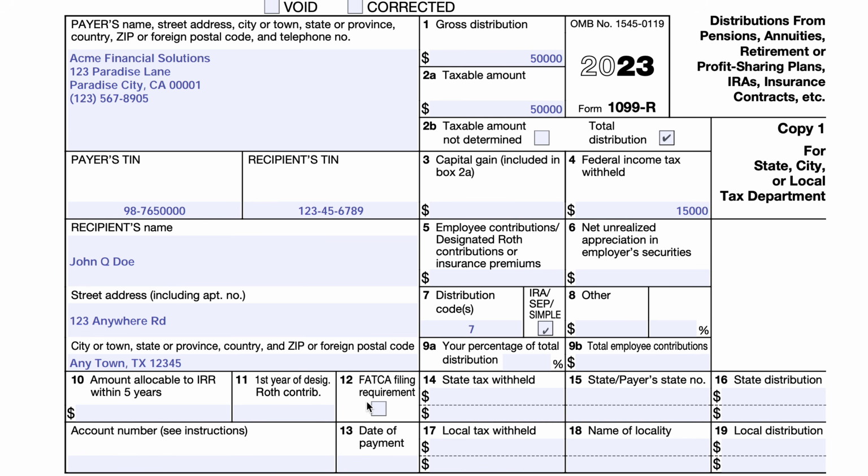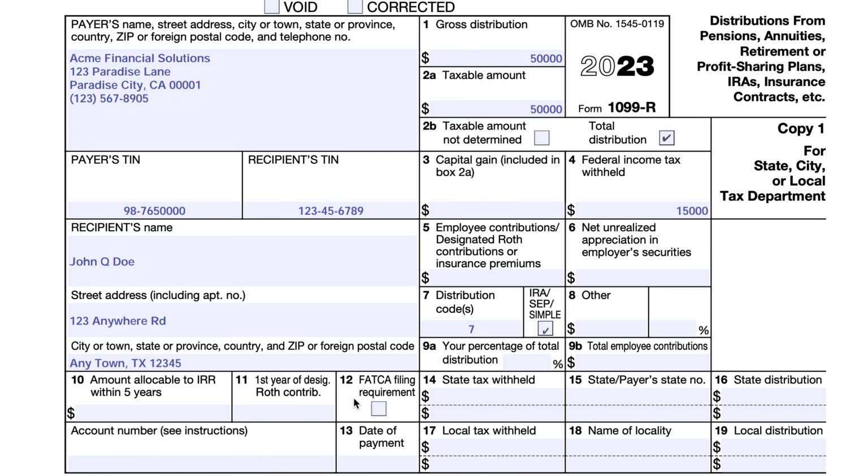In box 12, this box will be checked if there's a foreign financial institution that's trying to meet certain U.S. filing requirements. U.S. financial institutions may check that if they're reporting on 1099-R as part of satisfying a requirement for Chapter 4 of the Internal Revenue Code.